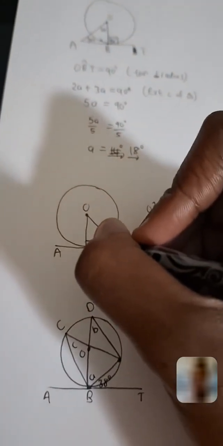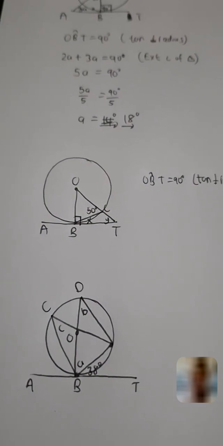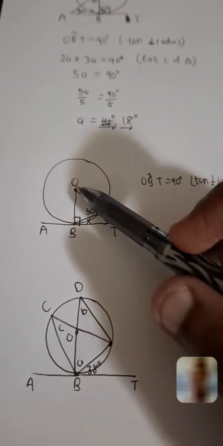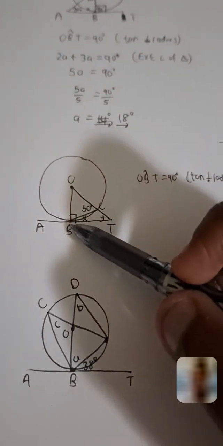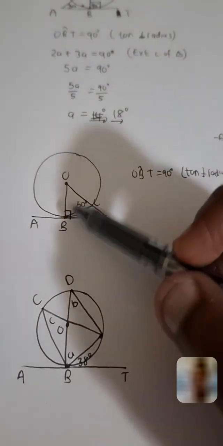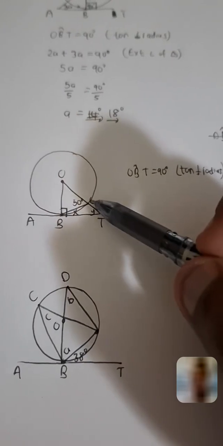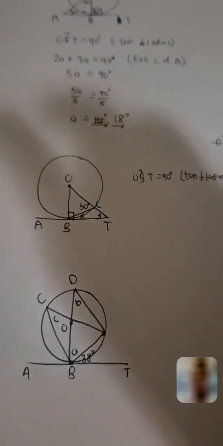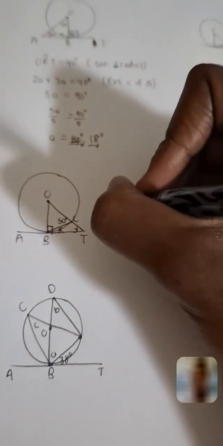Then we know that OB is equal to OC, which are radii.